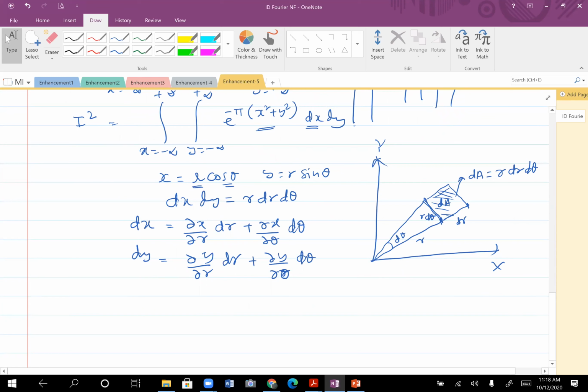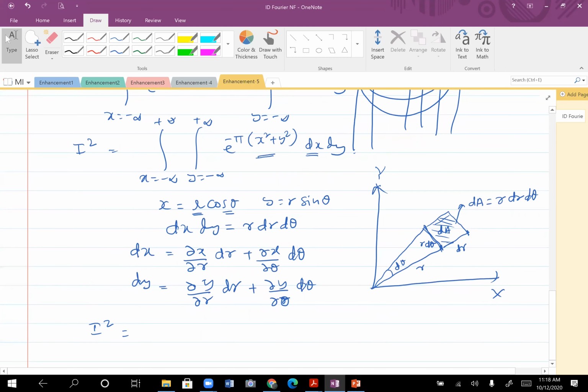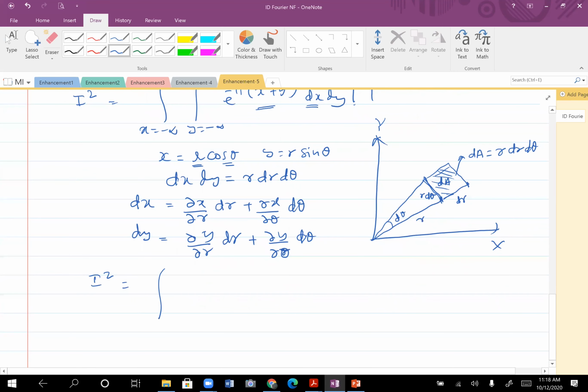Right now for the time being I am directly using this. So my I square would be equal to, now what would happen with this, your θ would be varying from 0 to 2π, and r would vary from 0 to infinity.